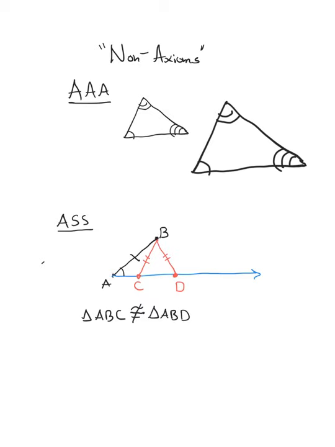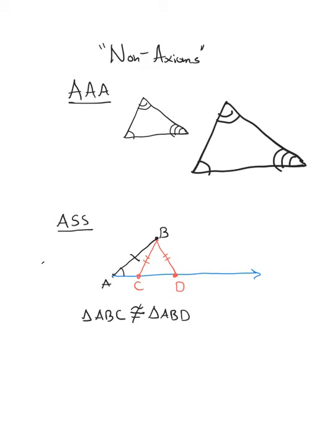The two situations that are non-axioms are, first, when you have all three angles being congruent. We can't say for certain that the triangles are congruent, because here are two non-congruent triangles. You can see that the lengths of the sides in the left triangle are shorter than the lengths of the sides in the right triangle, even though the angles are all congruent.